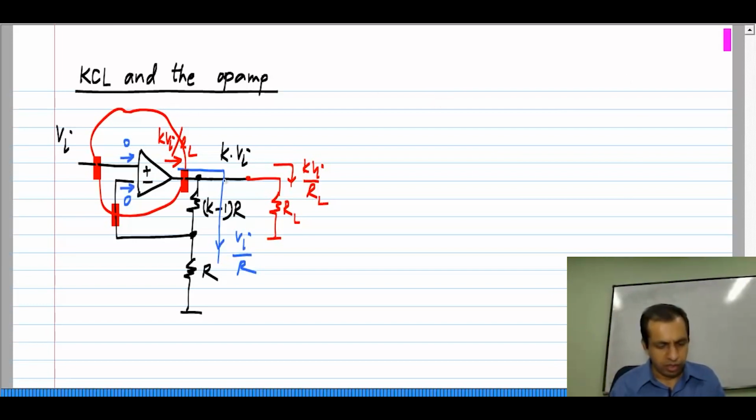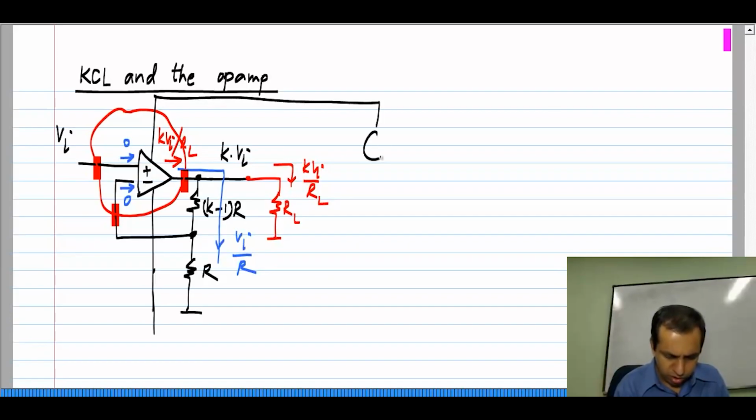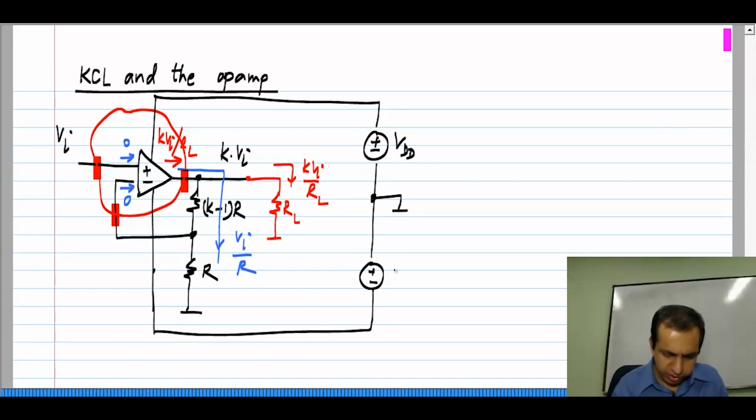but the resolution to this is pretty simple. In this picture, as in most op amp pictures, we have omitted the power supply connections. Okay. So, if we do include the power supply connections, this is VDD and this is VSS.